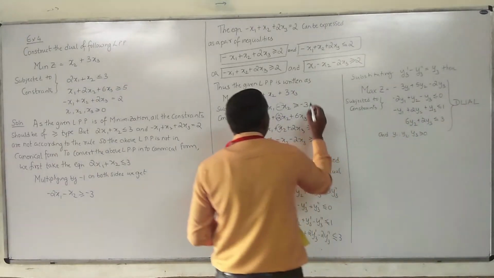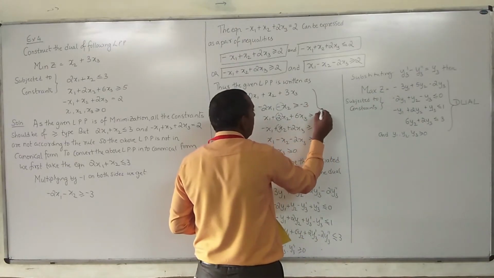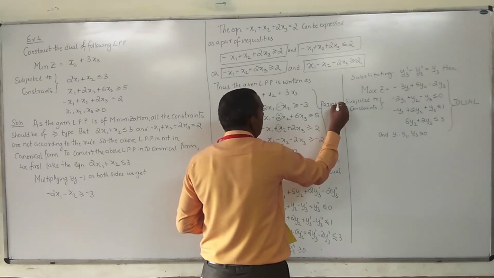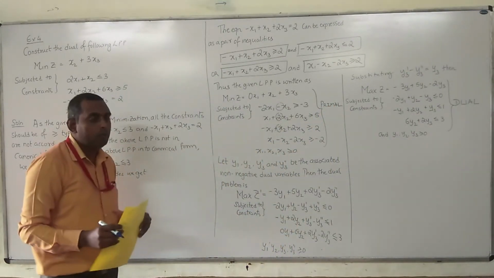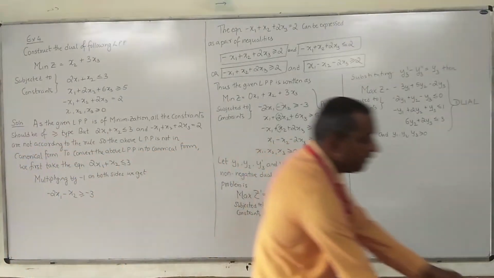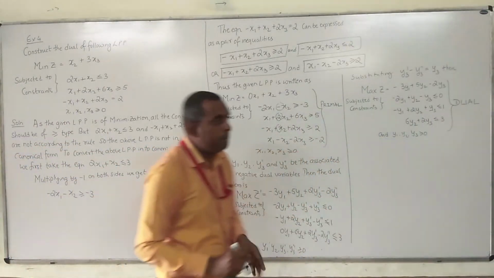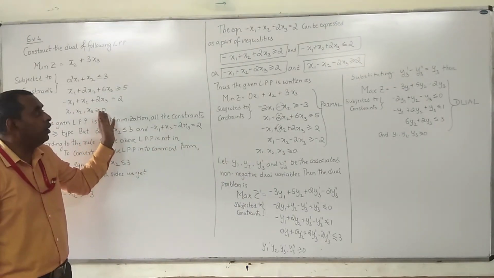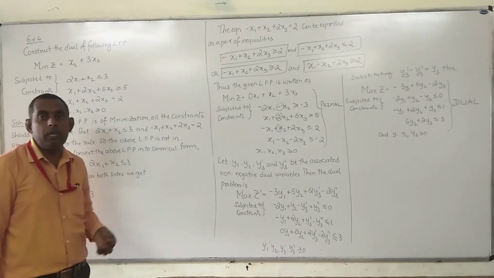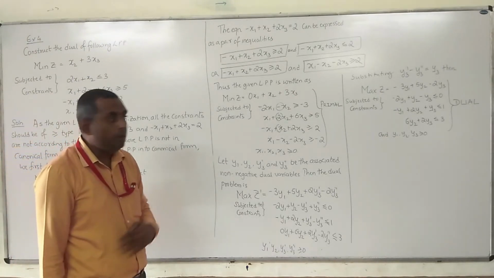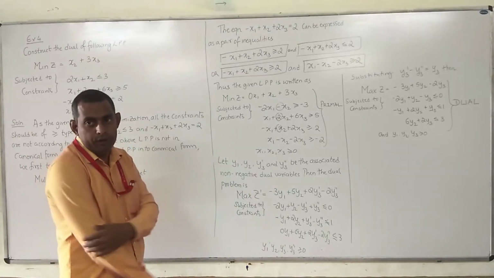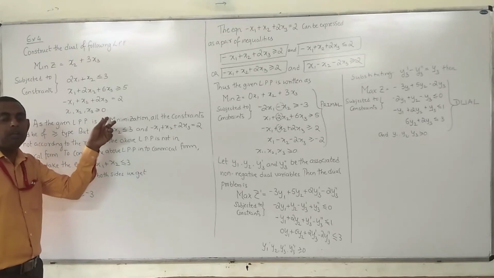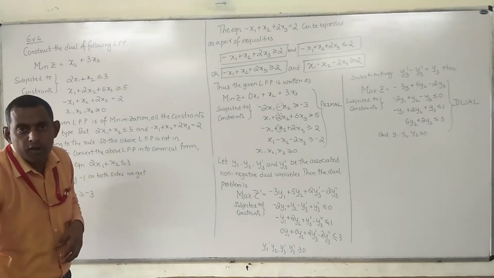And actually this is a prime. What happens here? Initially when the problem is given, the LPP is not in the canonical form. So we need to first convert the given LPP into a canonical form, then try to find the dual of it. Fine. So why is this given LPP not in canonical form?